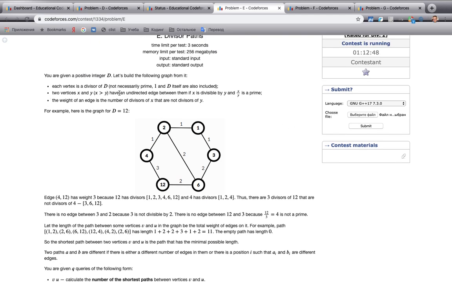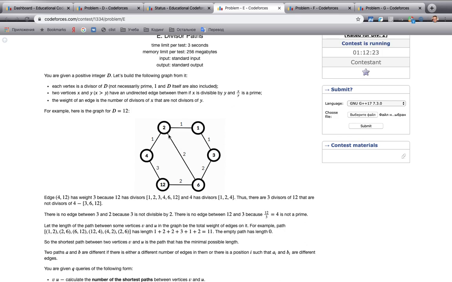There is an edge between two vertices if, basically, they differ only in one prime divisor. So if x is greater than y and x is y times some prime number.